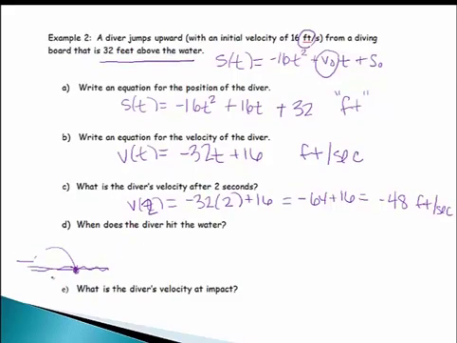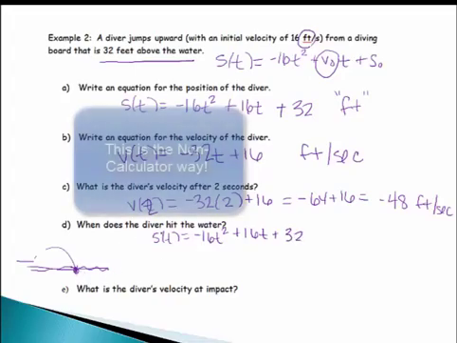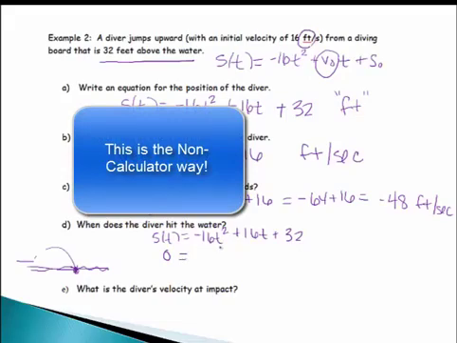I'm looking for when the height of my original function is equal to 0. When it hits the ground, height is 0. My initial function is way up here, and I want to know when I hit the ground, which means my y value would be 0.